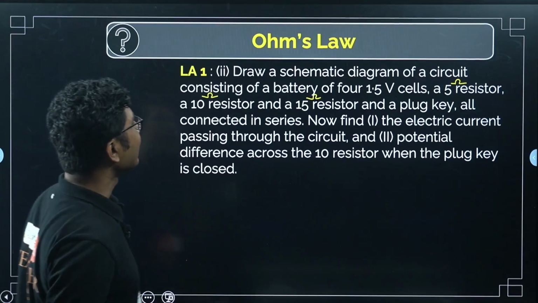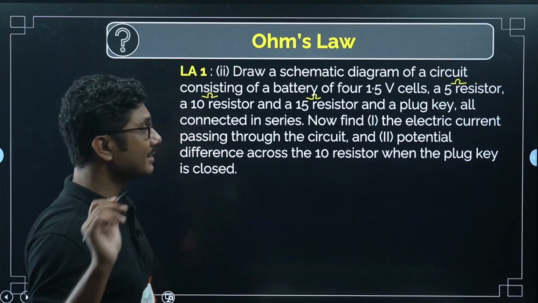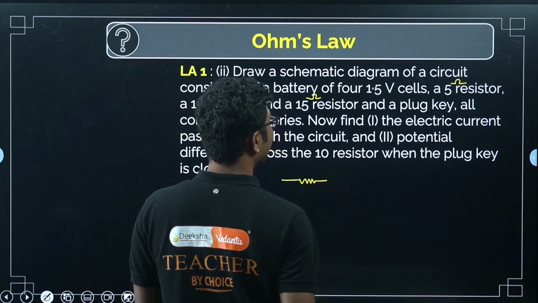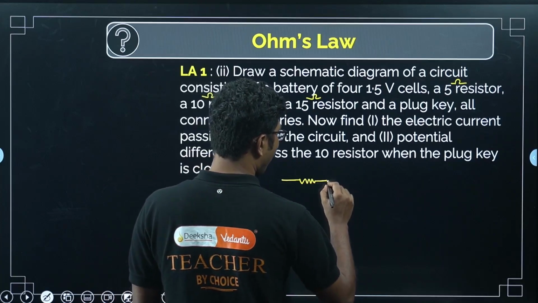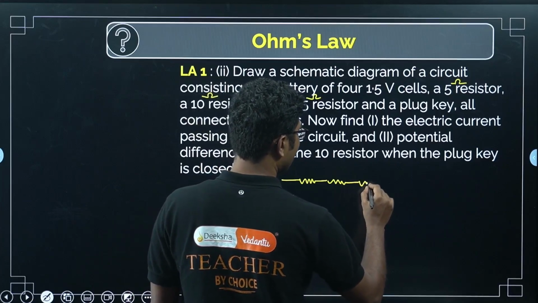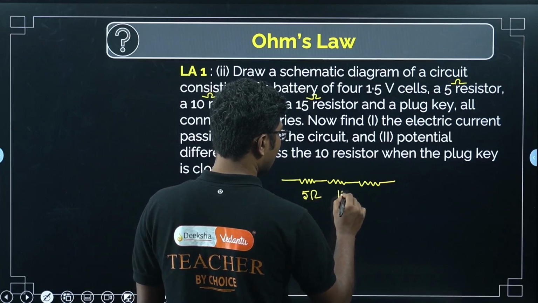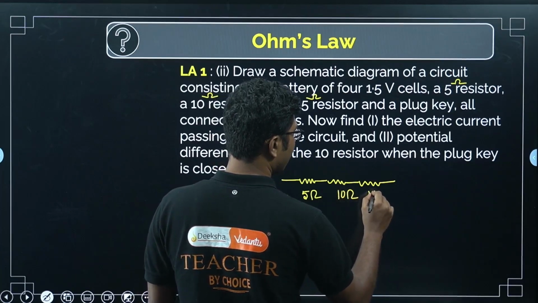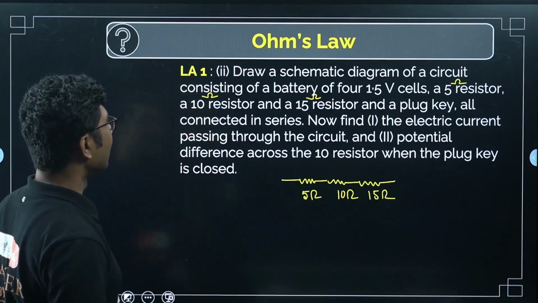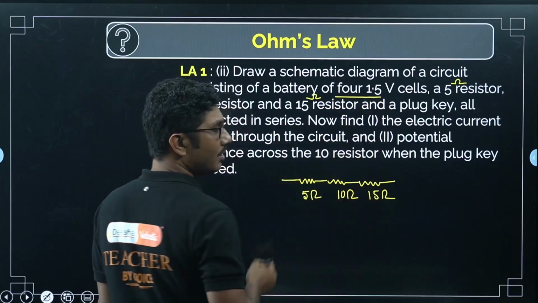So first, what is the circuit diagram? We will draw the resistances first. A 5 ohm resistor, then a 10 ohm resistor, then a 15 ohm resistor. These are the three resistors, and a battery of four 1.5 volt cells.